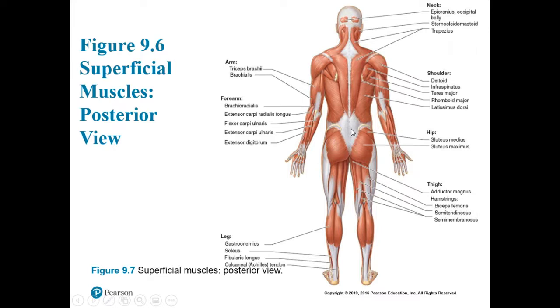And again, I did talk about the aponeurosis. I talked about this aponeurosis, right, which connects the occipital belly with the frontal belly of the epicranius. An aponeurosis is basically a tendon, right, that connects two muscles.